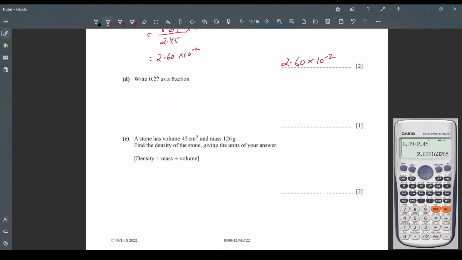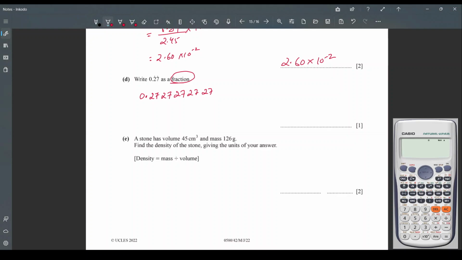Write 0.27 recurring as a fraction. So you know that the dots represent 0.27 being repeatedly written. To find it very easily in your calculator, you can use one method. You can write 0.27 as many times as needed until you get a fraction.